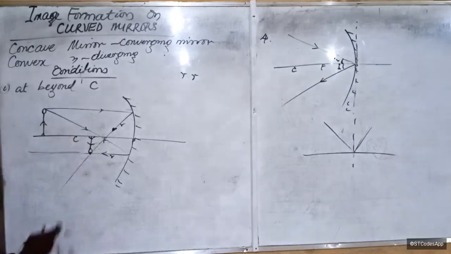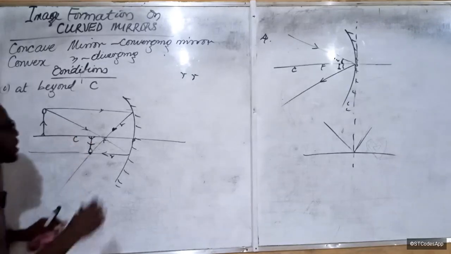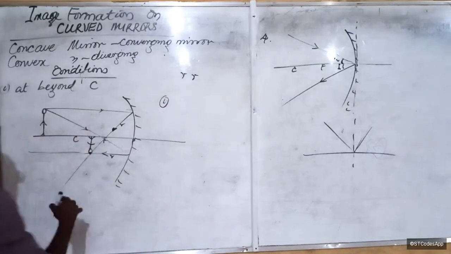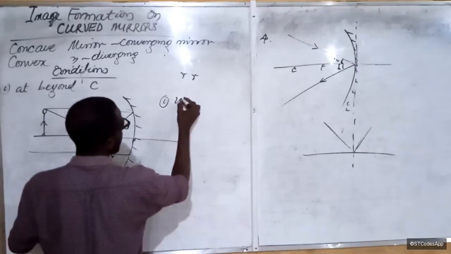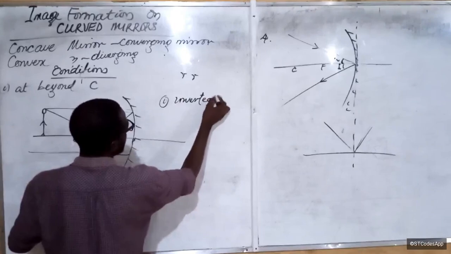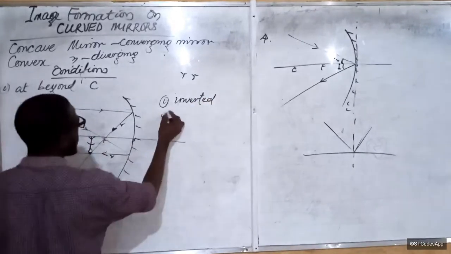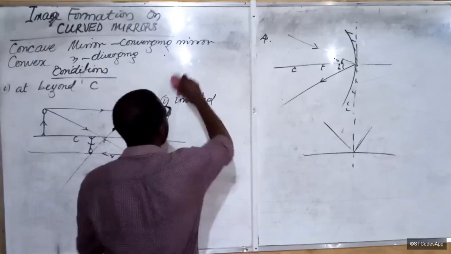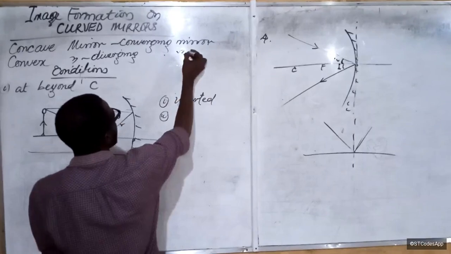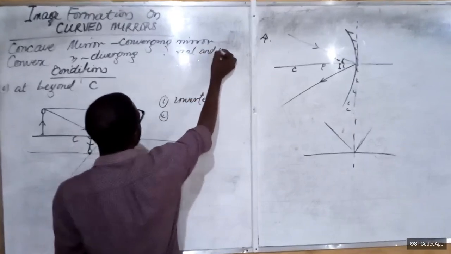So what are the characteristics of this image as you are seeing here? Number one, it is upside down, so it is inverted. Number two, there are two properties that always work together. If your image is real, it's almost always going to be inverted.